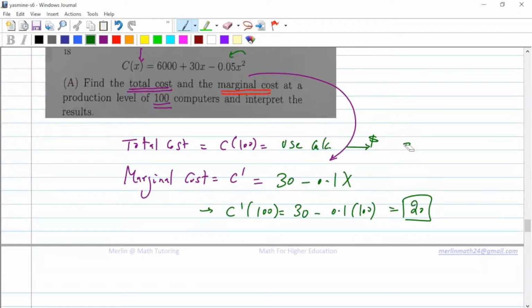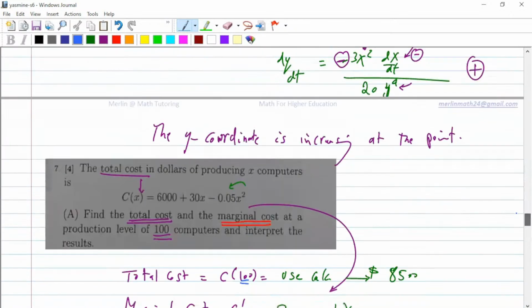What do you say? You want to write a statement, so you say interpretation. What is your interpretation for the total cost? You say the total cost of producing the 100 computers. So be careful, this is written here, okay? The total cost of producing X computers.